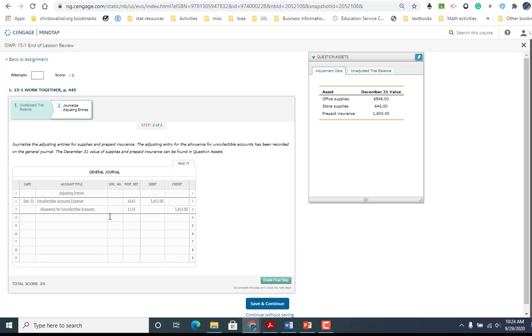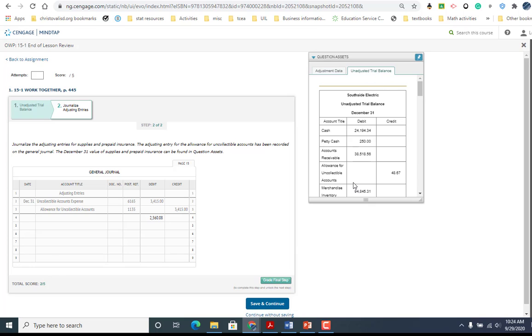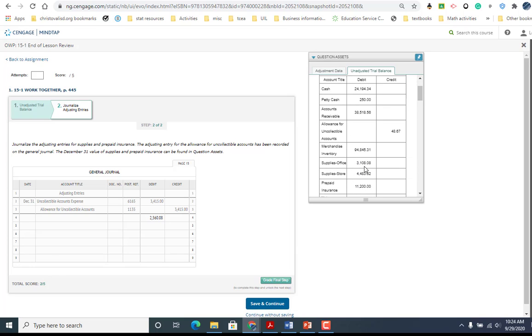What we should have is $548. So when we subtract those, we come up with $2,560.08.